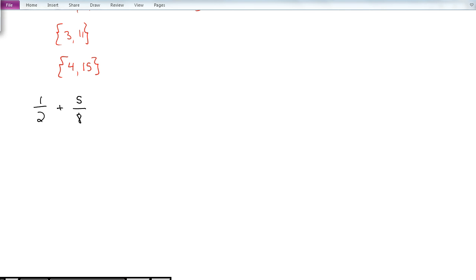Notice that these two numbers are not relatively prime. You can always get a common denominator by multiplying the denominators together, but if they are not relatively prime, then the product of them will not be the LCD. So the LCD here is 8, and we're going to get 4/8, which is equivalent to 1/2, plus 5/8, and you're going to get 9/8.